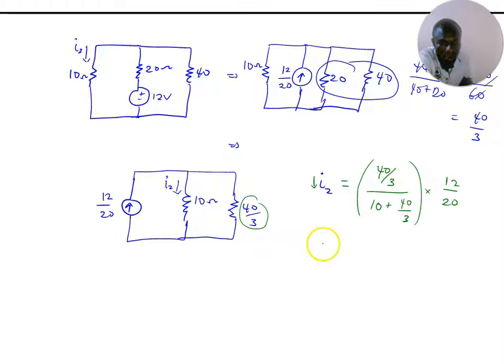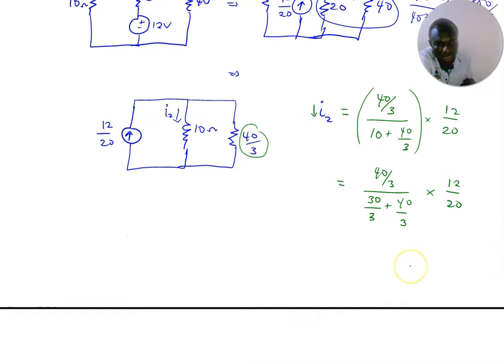So I2 is going to be 40 on 3, all on 30 on 3 plus 40 on 3, times 12 on 20.